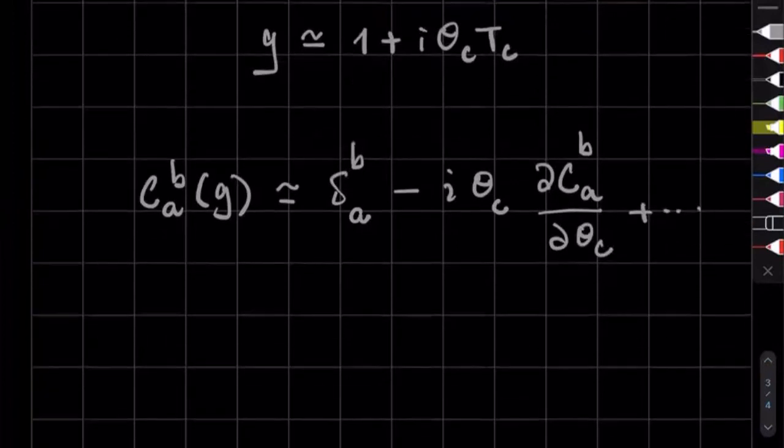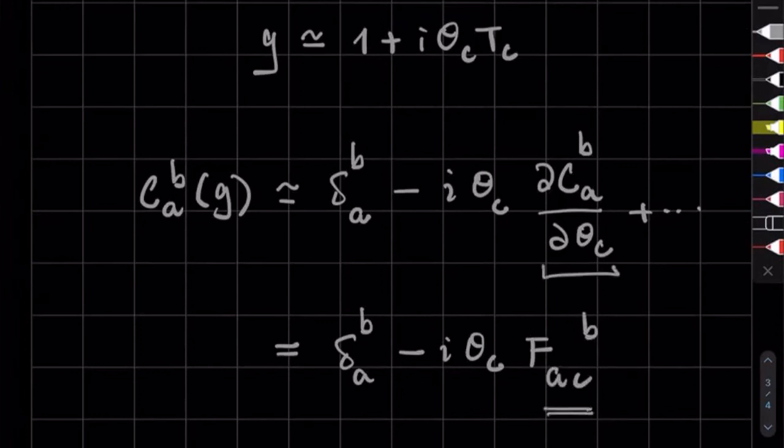Okay. So we can write this as delta_AB minus i theta^C f_ACB. These coefficients are taken at the value G equals 1.